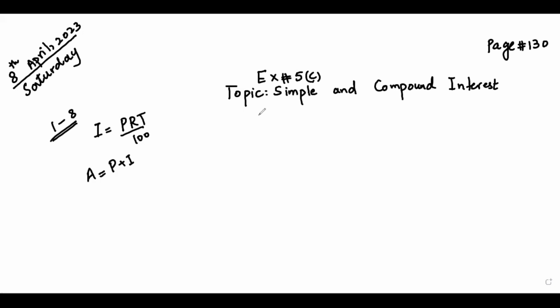We have to do these questions by using the compound interest formula. So, bache, for compound interest, first of all, we have to find the amount. The amount formula is A = P into (1 + R/100) raised to power n, where, as I explained yesterday, A is for amount, P for the principal.